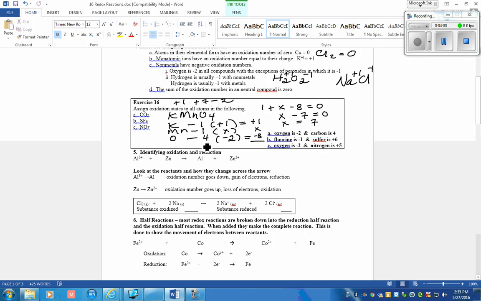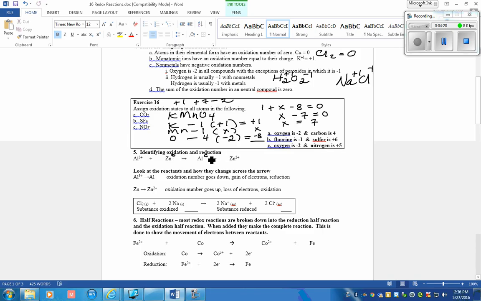Now, identifying oxidation and reduction in a reaction. Here we have 2 reactions, aluminum with a +3 charge. This is the clue to you that there is an anion with it, but it is a spectator anion, so it is not in this net ionic equation. This is elemental zinc, so it would have an oxidation number of 0.